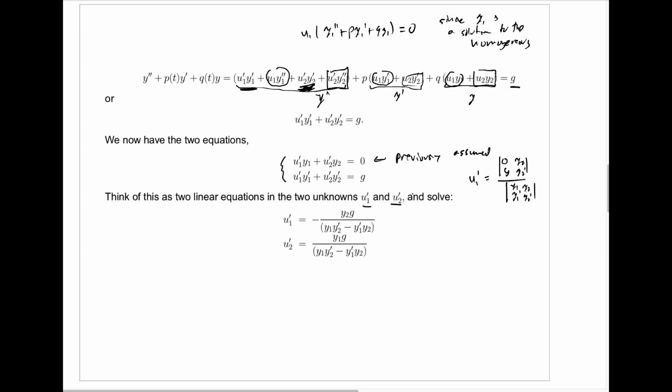And that's exactly this. The numerator here is minus y2 times g, and the denominator is y1 y2 prime minus y1 prime y2. That's this denominator.